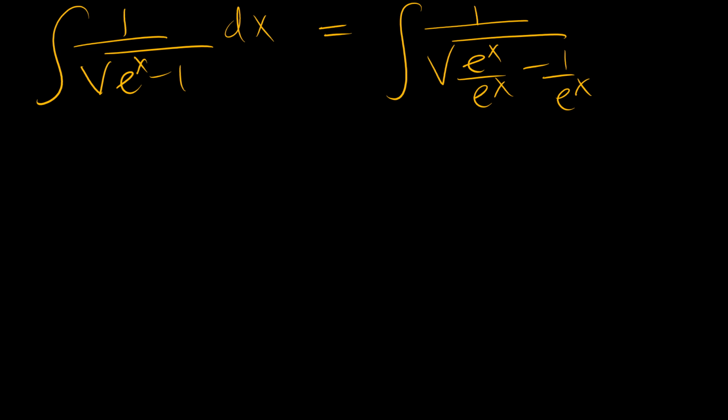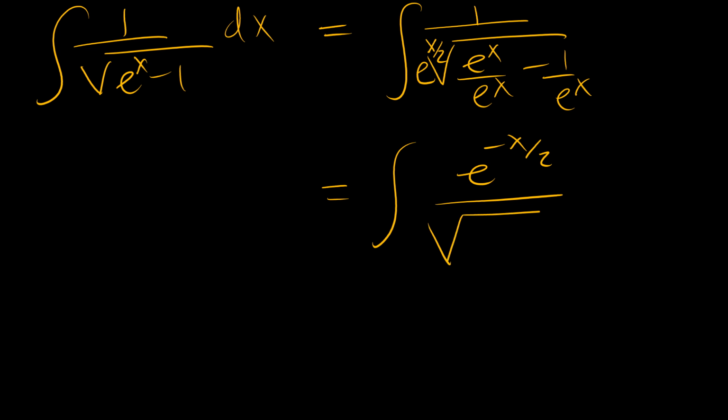Such that this becomes, and suddenly we would have an e^(x/2) here, so that when it goes in, it cancels with that. So we have on top e to the power negative x over 2 over the square root of 1 minus e to the power negative x dx.